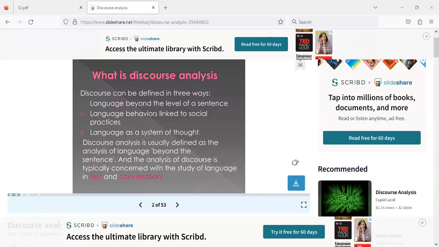So if you think about the scope of linguistics, what would be the first layer? You might have studied it earlier. Linguistics means studying languages in a scientific way. So what would be the base of any language? What is the first layer?